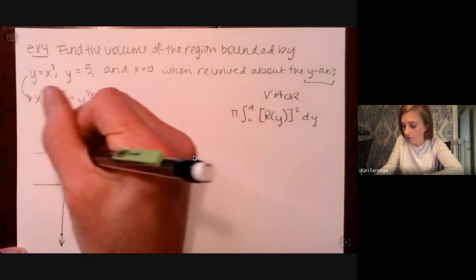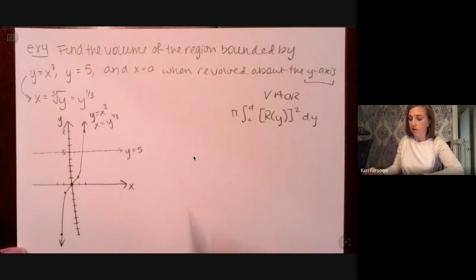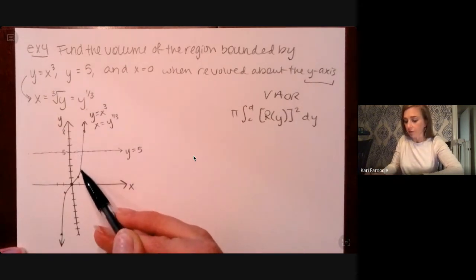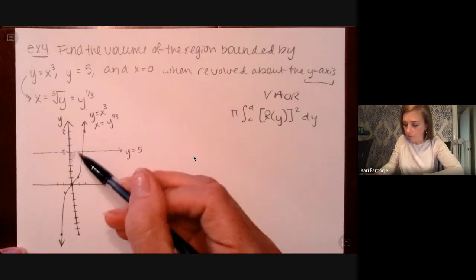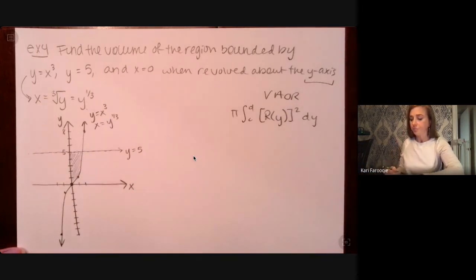Okay, this is y equals 5. And we are taking the region bounded by y equals 5, y equals x cubed, and x equals 0, which is the y-axis. So there's your region. And we're revolving it about the y-axis.